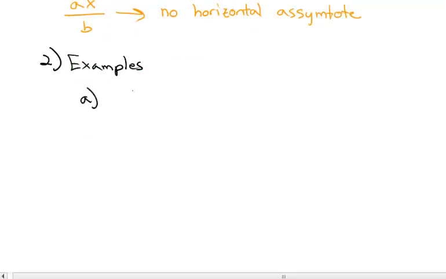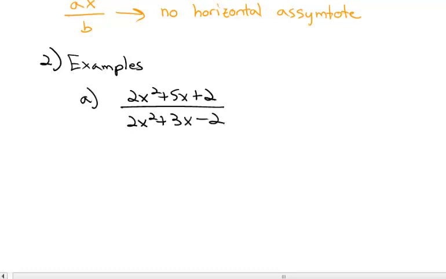Let's graph (2x squared plus 5x plus 2) over (2x squared plus 3x minus 2). First, we'll find the x-intercepts.